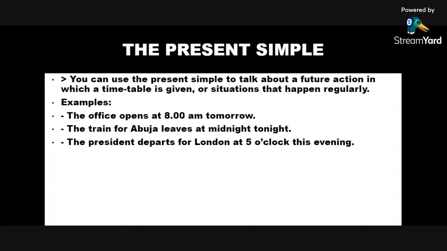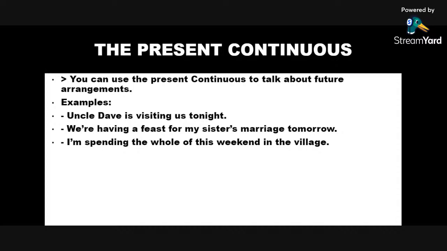Now, having said that, let's move to our next item, and look at how to talk about future actions using the present continuous. You can use the present continuous to talk about future arrangements. There are arrangements for certain things. For example, Uncle Dave is visiting us tonight.